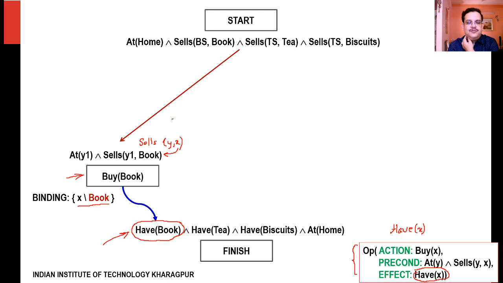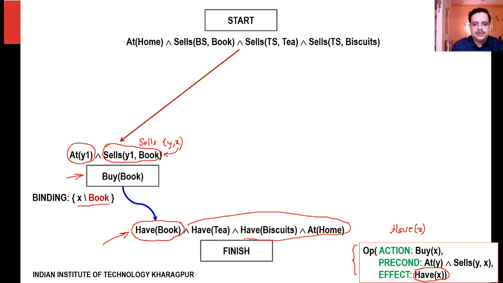Now what are the unfulfilled sub goals here? There are many unfulfilled sub goals. For example, sells y1 book is unfulfilled, then down here all these sub goals, have tea, have biscuits, have home, at home, these are all unfulfilled. So then in my algorithm I will loop back and choose another unfulfilled sub goal and then put another action.